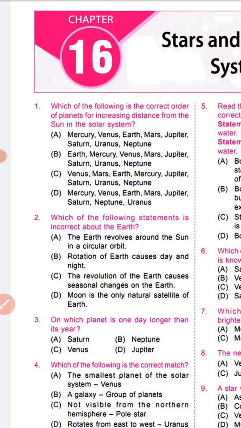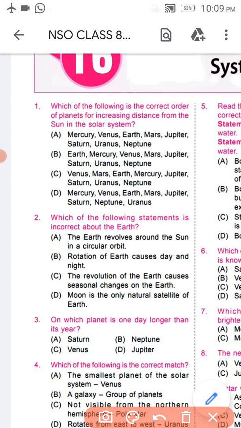So this is the correct order. You can see Earth is at the beginning, all are not correct. That means option number A is correct. Correct sequence is Mercury, Venus, Earth, Mars, Jupiter, Saturn, Uranus, Neptune.